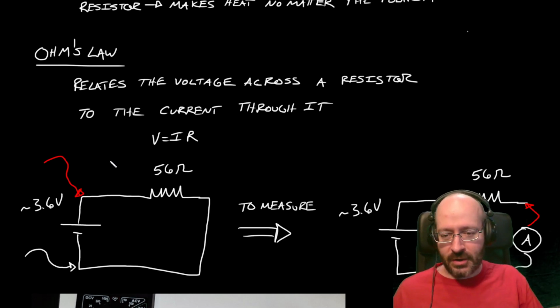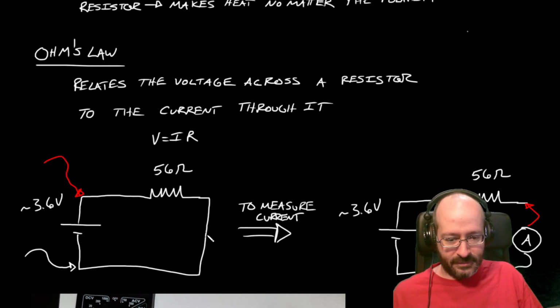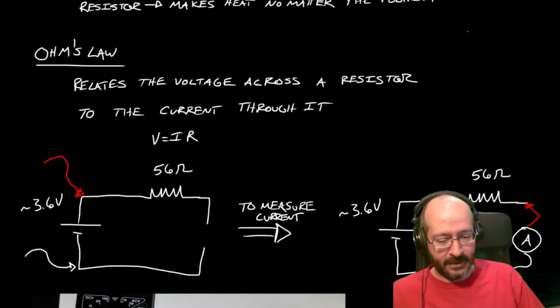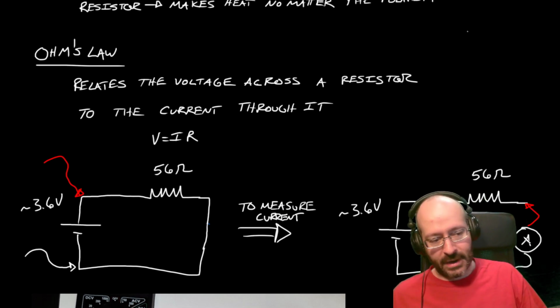So to measure current, we got to break the flow. We got to get rid of a bit of wire and be able to count the charge flowing through that little bit of wire. So, oops, that's blue, sure. Rewire that. So we break the circuit, okay? And we put the ammeter in there.